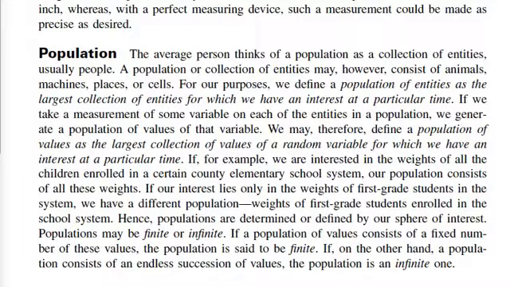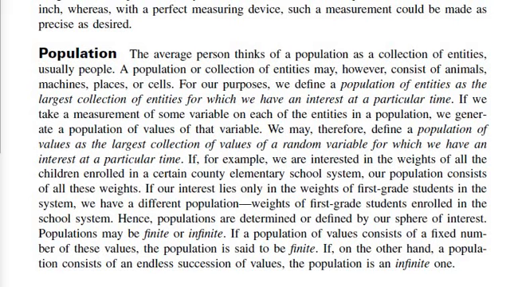If, for example, we are interested in the weights of all the children enrolled in a certain county elementary school system, our population consists of all these weights. If our interest lies only in the weights of first-grade students in the system, we have a different population, weights of first-grade students enrolled in the school system.